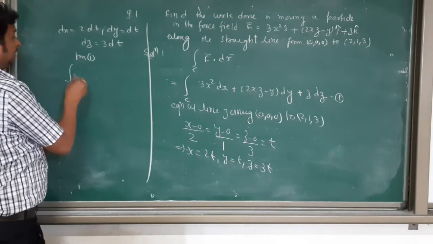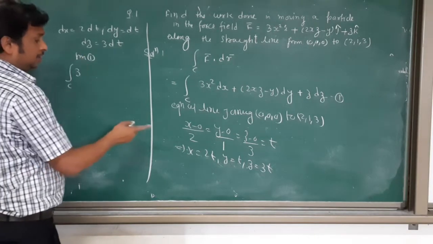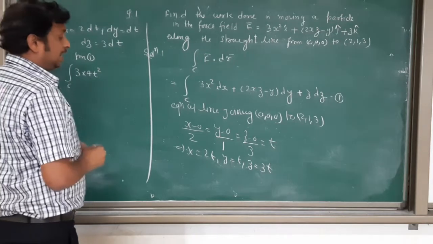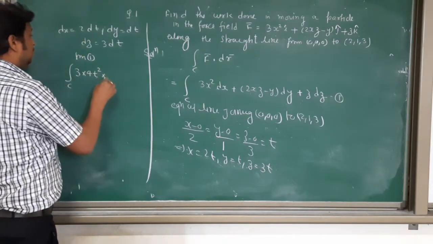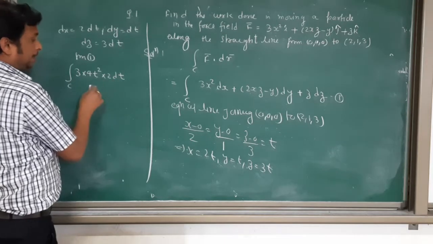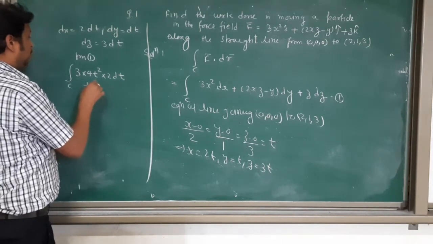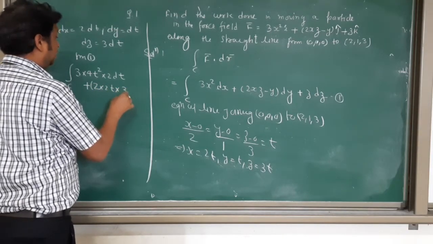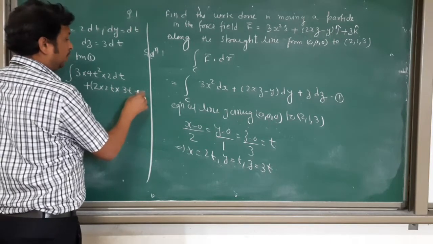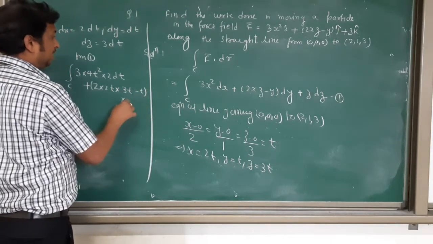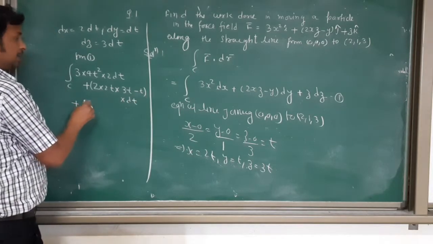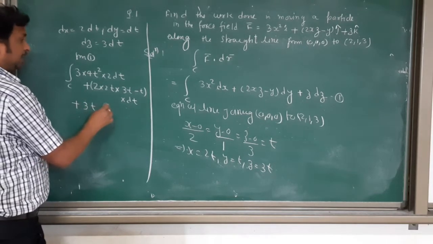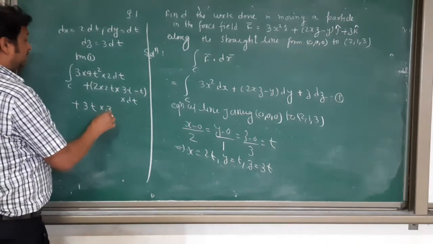So from 1, what do you get? Integral over c of 3x square, x square means 4t square, dx, what is dx? 2 dt, plus 2x, x means 2t, times z means 3t, minus y, y means t, dy means dt, plus z, what is the z value? 3t, dz, what is dz? 3 dt.